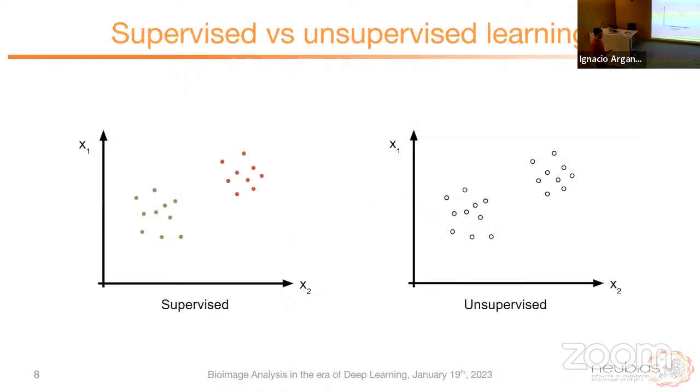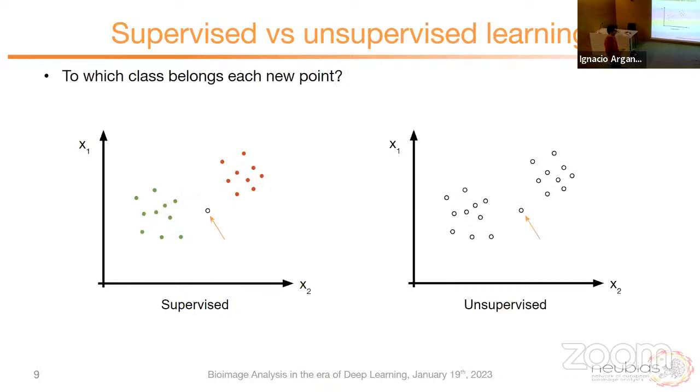And based on these definitions, we have mostly, because there are also things in between, two types of learning. What we call supervised learning, where we start from a data set from which we know the labels. We know which cells are green, which cells are red. Or the unsupervised learning framework, where we just have the data points in the space, but we don't know the categories.